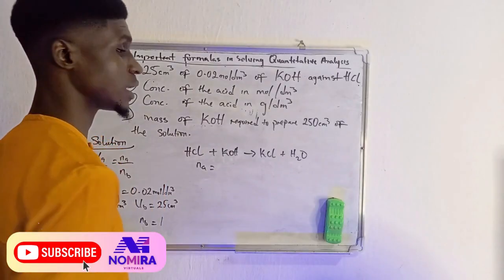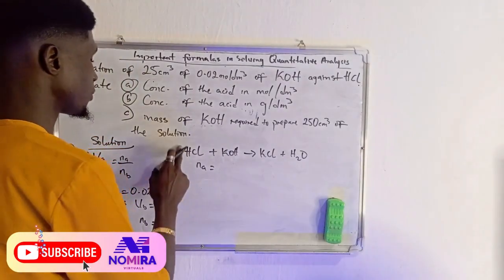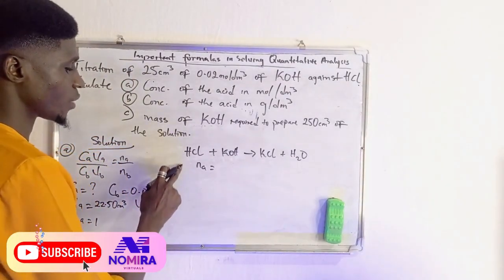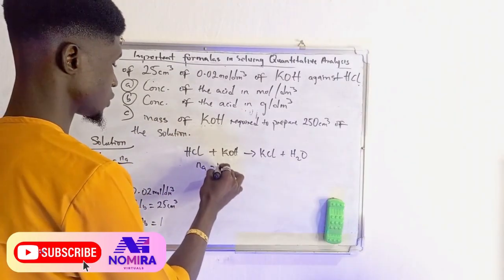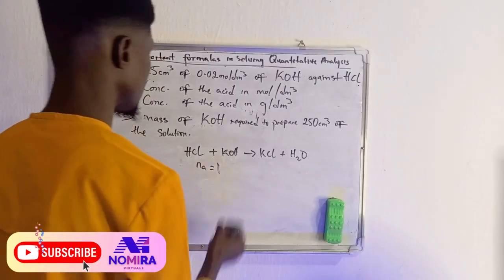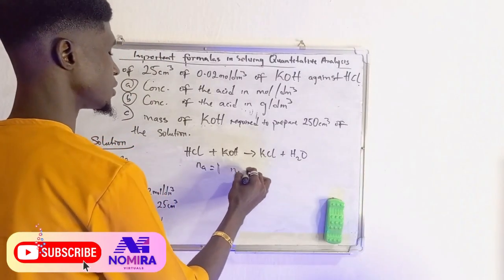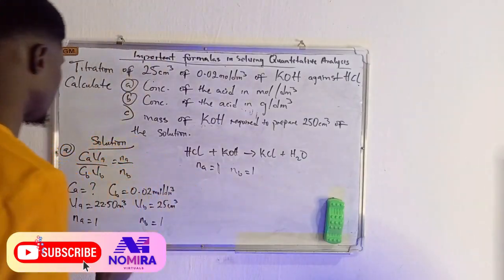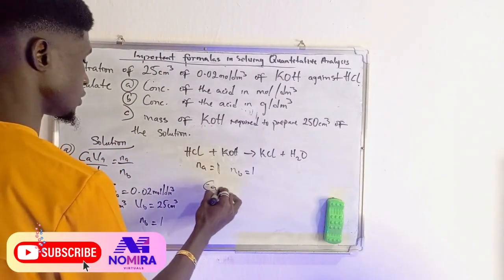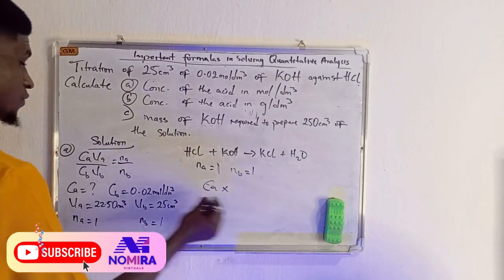So this is a balanced chemical equation. So the number of mole of acid is 1, and the number of mole of base is also 1.